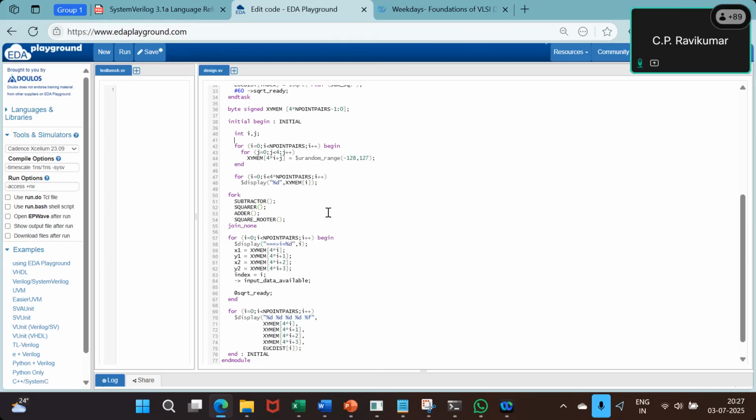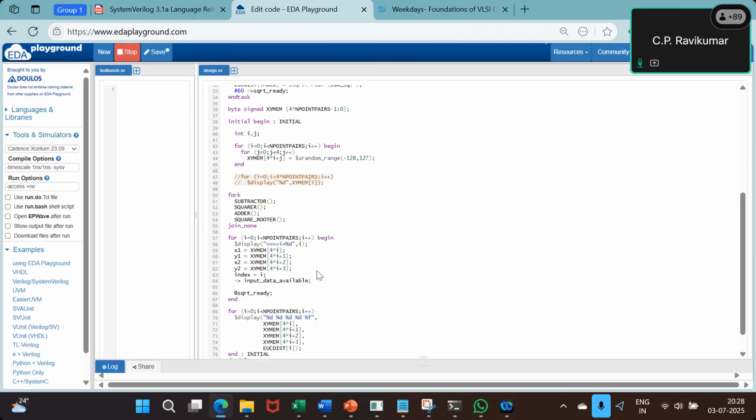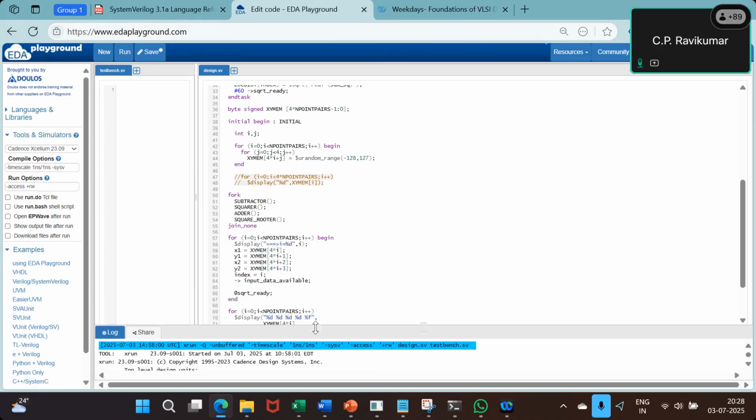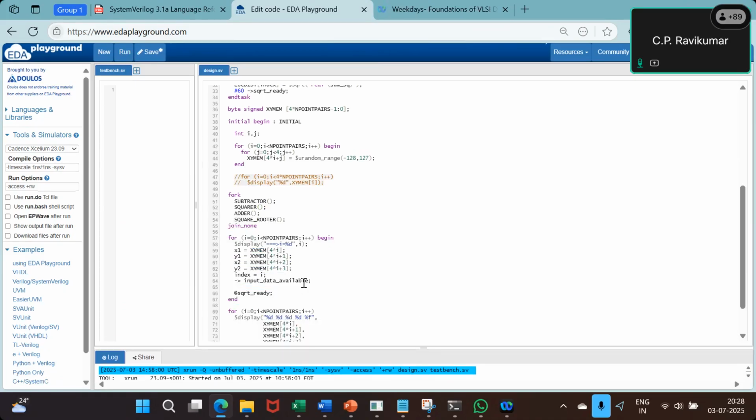It does not print all this data. So it printed 0.